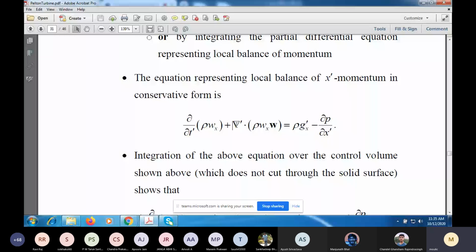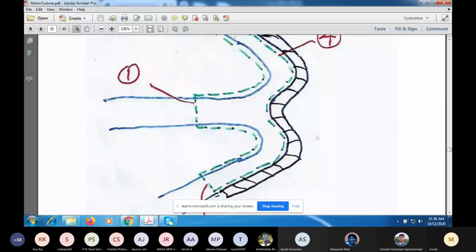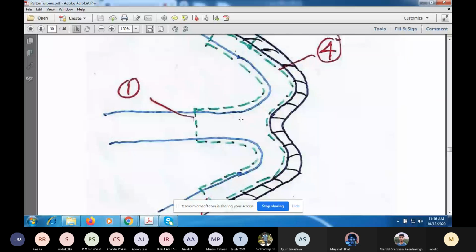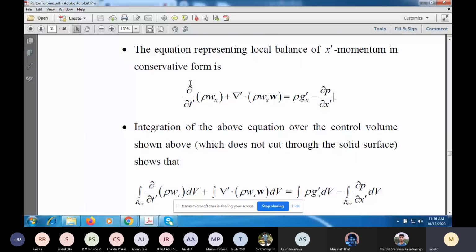This is the x component of the velocity, and this is the vector v, the relative velocity. And this is gx prime and del p del x prime. So this is valid at each and every point inside this control volume, just the liquid region. So this is just the liquid density here. And this, as I've told you before, is what you may call the conservative form of the equation.